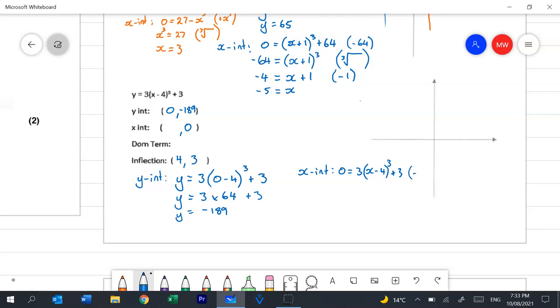So righto, I'll take 3 from both sides. So I'll end up with minus 3 over here. 3 times x minus 4 cubed. Let's get rid of this 3 here next. It says times, so of course we'll divide. So we'll end up with minus 1.